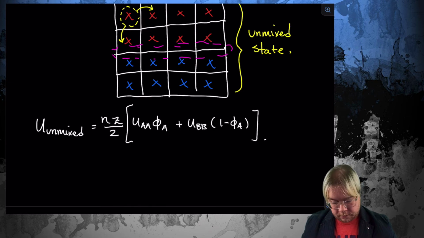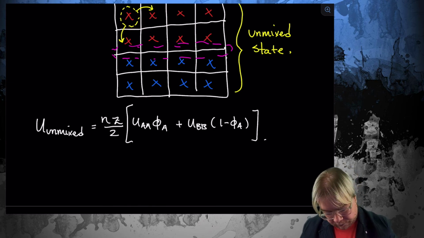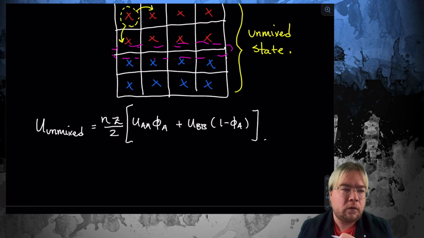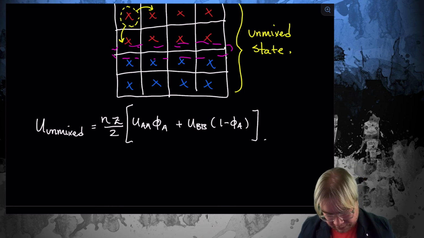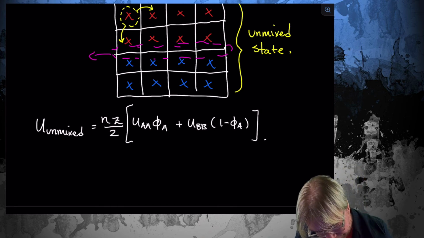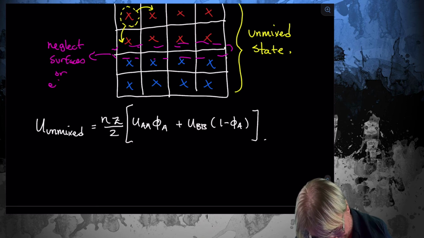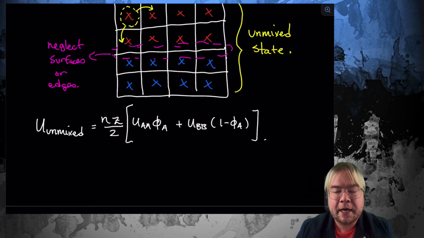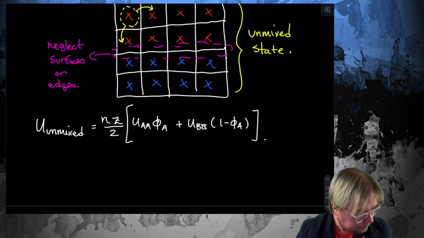In other words, the bulk terms, the terms where A particles are surrounded by A particles, are going to outweigh those interfacial terms. The interface is going to be negligible. So that's why we don't consider these effects. We neglect surfaces or edges. Okay, so I realize we're neglecting that, but it's not going to be important when you're looking at a very large system.